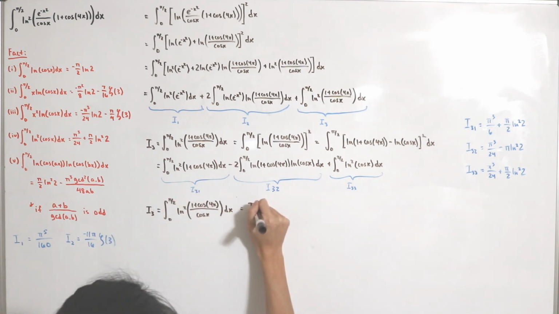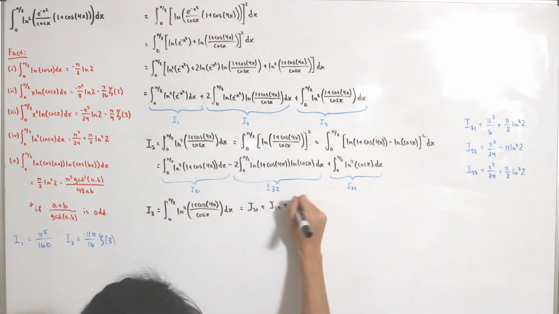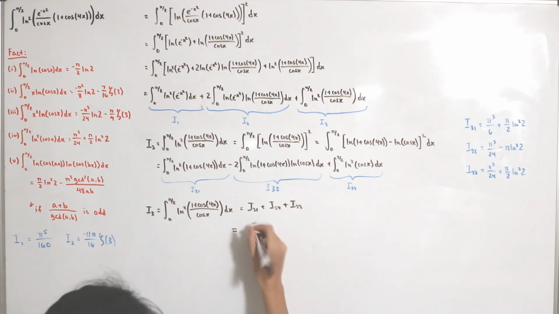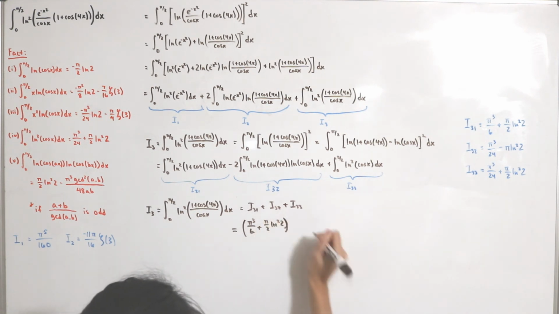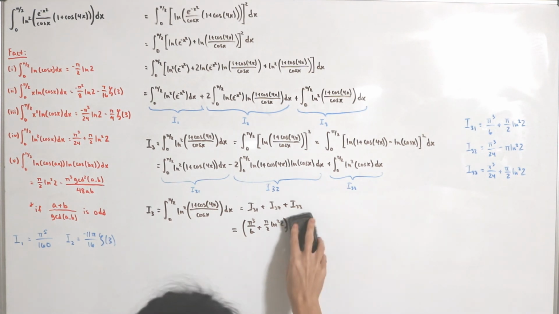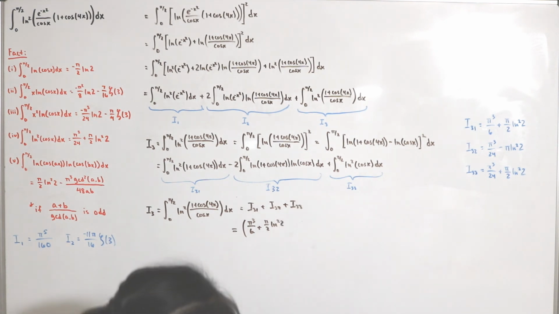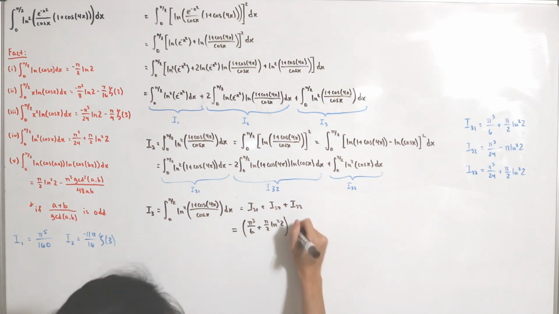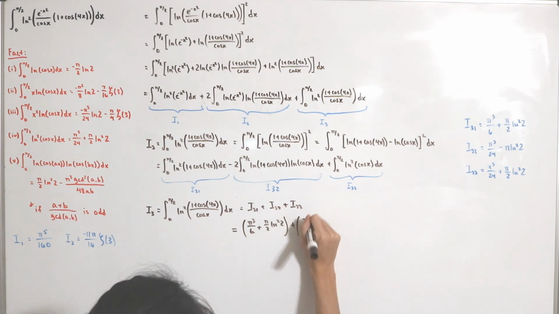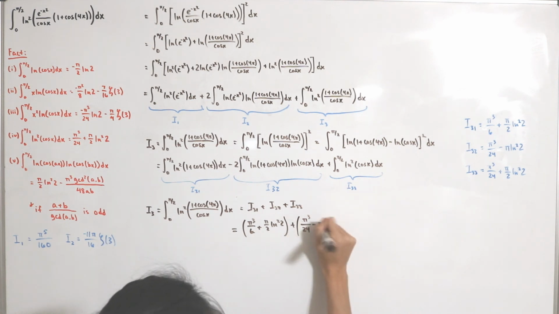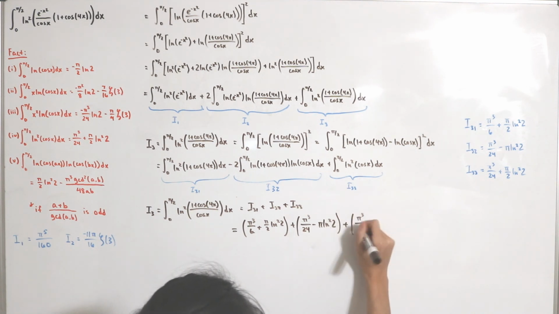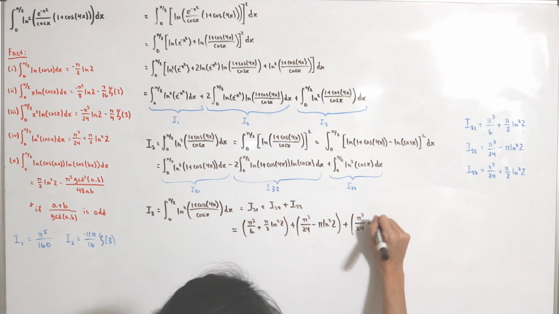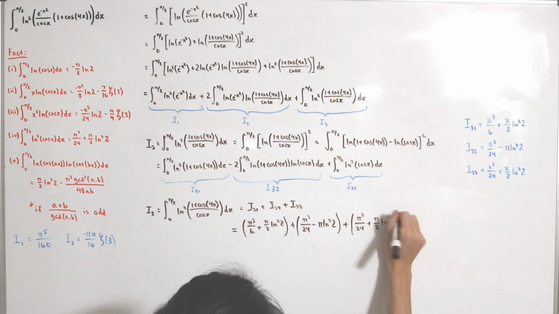I sub 3, 1 plus I sub 3, 2 plus I sub 3, 3 is equal to pi cubed divided by 6 plus pi over 2 ln squared 2, let me fix this parenthesis over here, then plus pi cubed divided by 24 minus pi times ln squared 2, then plus pi cubed divided by 24 plus pi over 2 multiplied by ln squared 2.